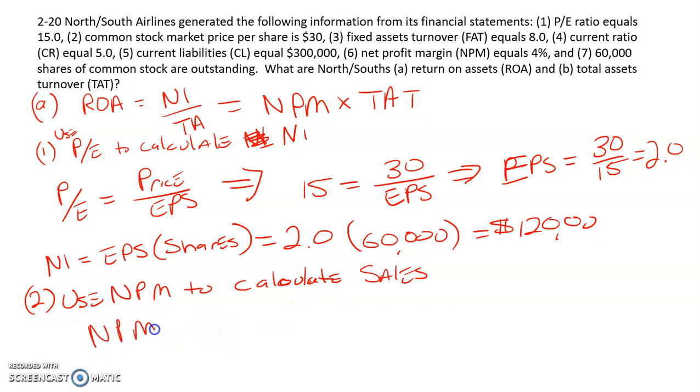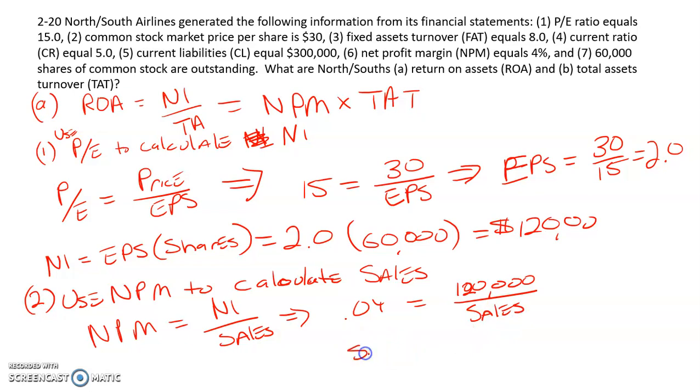Net profit margin is equal to net income divided by sales. So net profit margin is 4%, 0.04, which is equal to 120,000 divided by sales. So sales is equal to 120,000 divided by 0.04, which is 3 million.